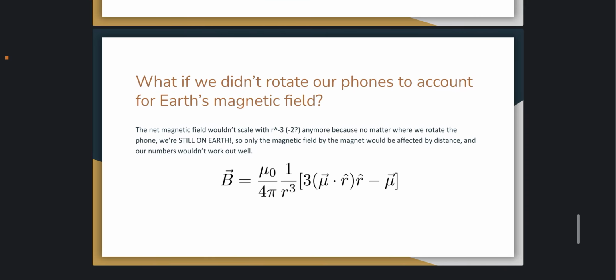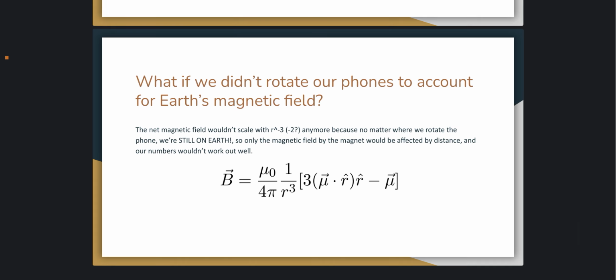And lastly, what if we didn't rotate our phones to account for Earth's magnetic field? We're trying to show how the magnetic field recorded on our phone differs with distance from the bar magnet. Distance from the bar magnet does not affect the Earth's magnetic field, because we're still on Earth no matter where we move our phone relative to the magnet or how much we rotate it.